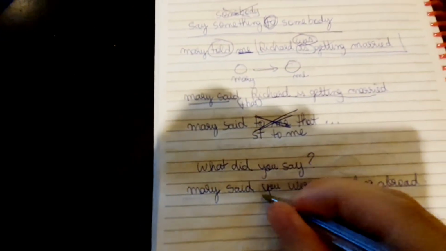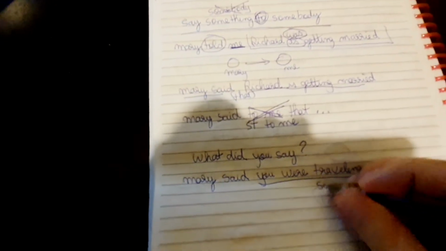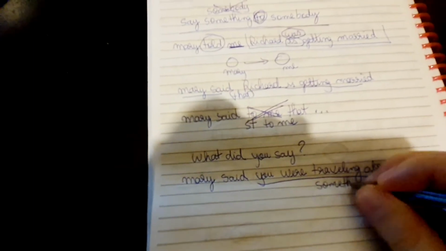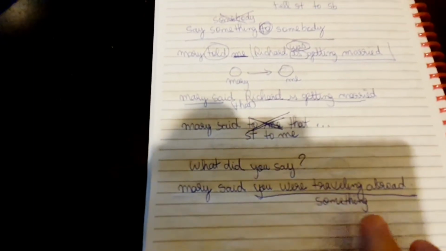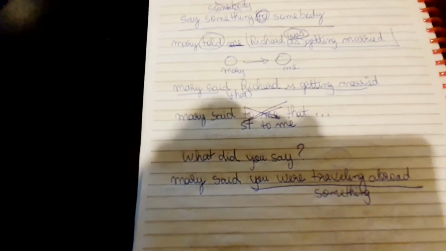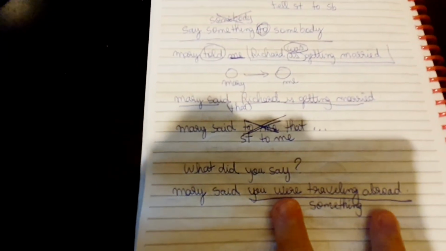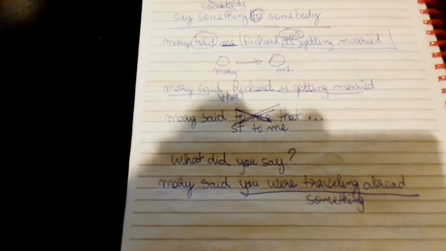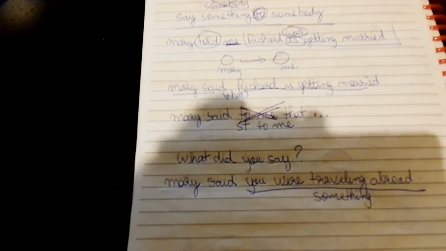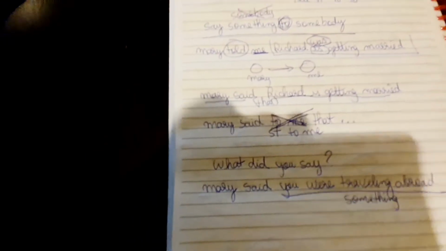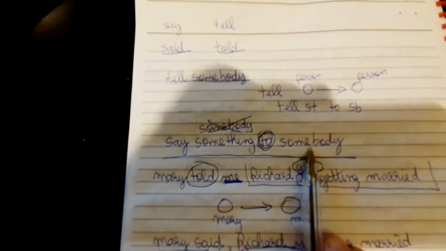Mary said something. This entire sentence means something. Mary said something. So what did Mary say? Mary said you were traveling abroad, okay? You can say something to somebody, as I mentioned.